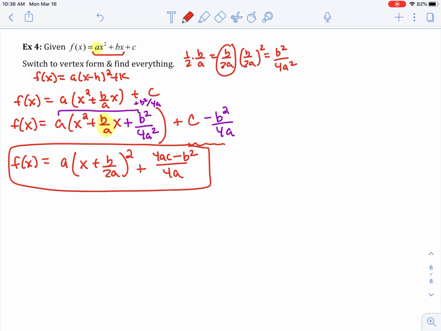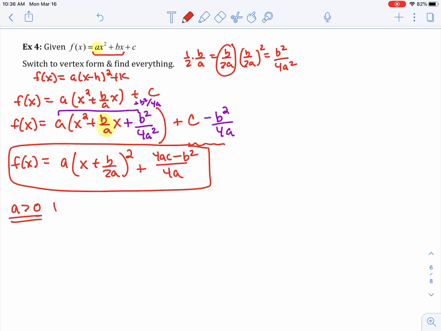And now looking at it in vertex form, we should be able to answer everything about our graph. So first off, we would look at a, and a would tell us whether or not that graph is going to be opening upward or downward. We don't know if a is positive or negative, so we need to consider both possibilities. So I'm going to start off with a greater than 0.